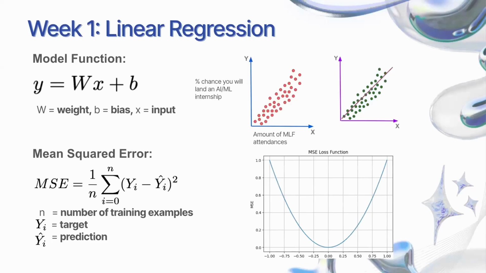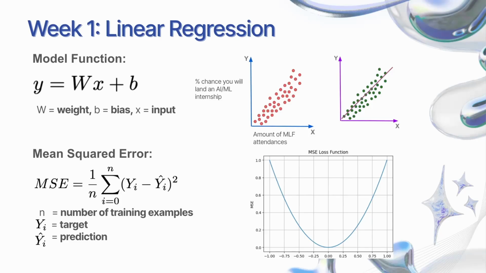In week 1, you should have learned about linear regression. Your model equation is just some weight times your input, plus some bias. The whole point of regression is to find some relationship inside your data set.